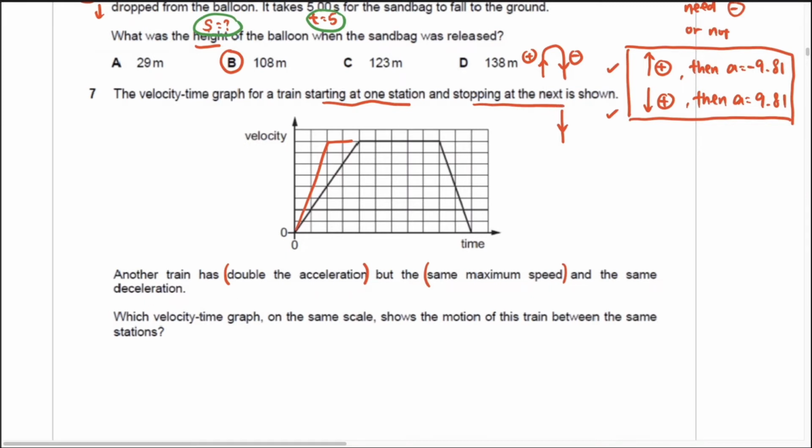Which velocity-time graph on the same scale shows the motion of this train between the two stations? Between the same stations, that means it has the same distance or displacement. We should expect the area under the graph to be the same.